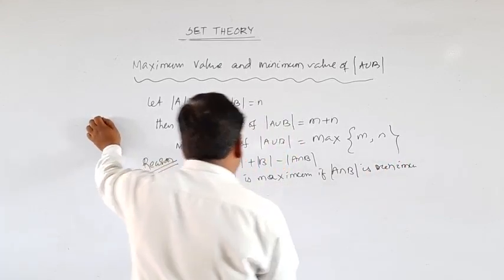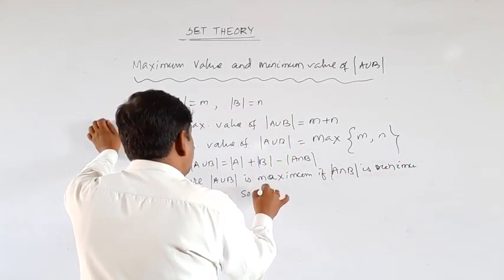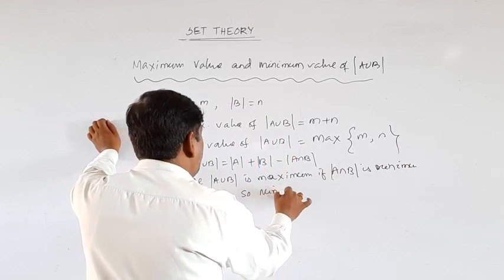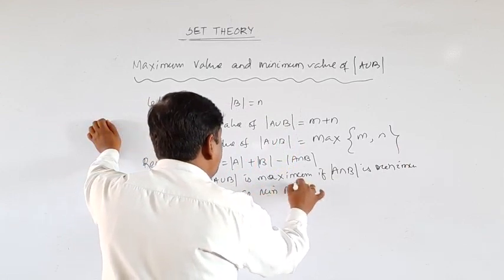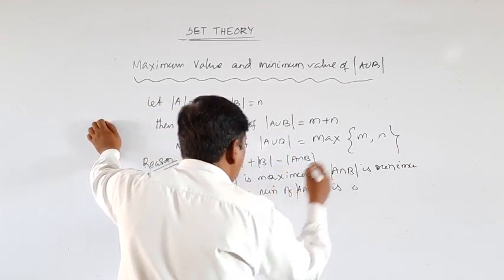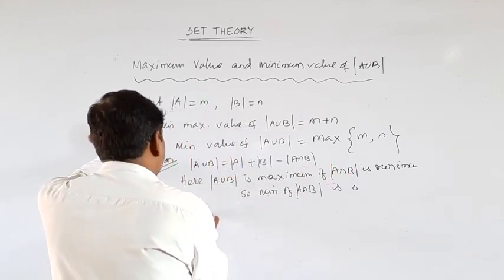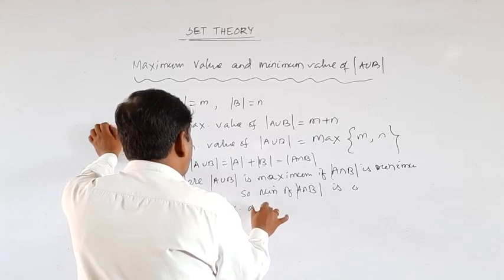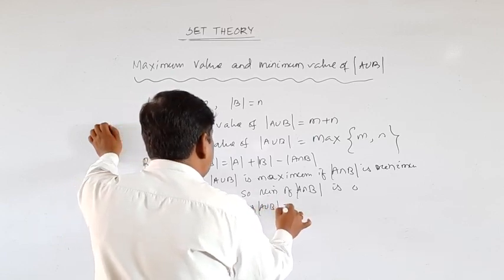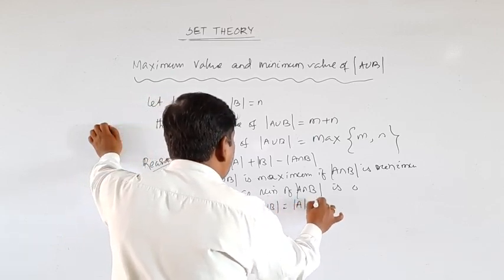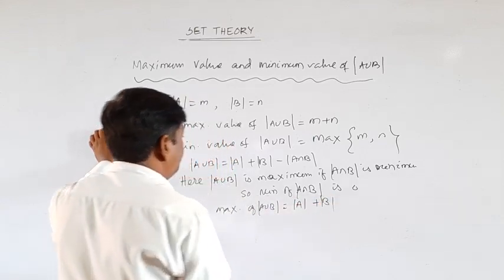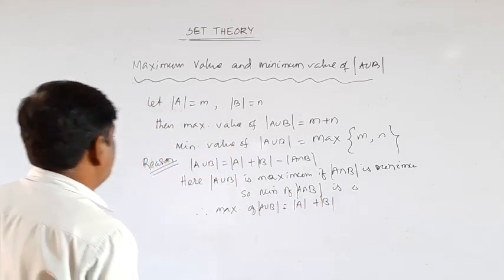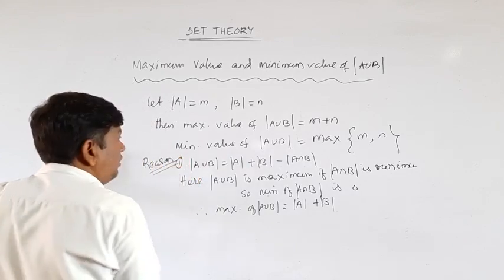So the minimum value of A intersection B is 0. Therefore, the maximum of cardinality of A union B is equal to cardinality of A plus cardinality of B. This is the maximum, reason 1.